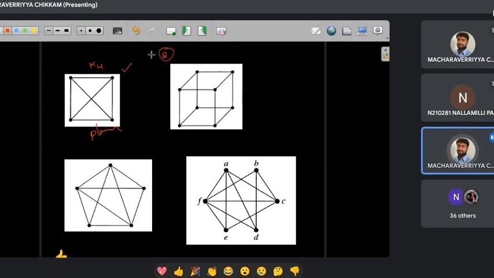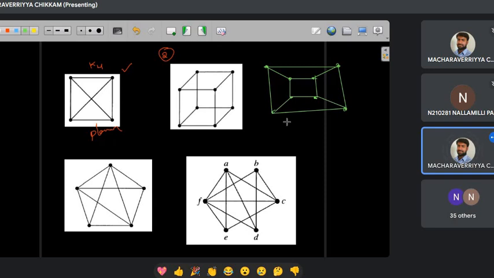So what is the planar representation of this graph? So this is how we can redraw that graph, right? So now no two edges are crossing.